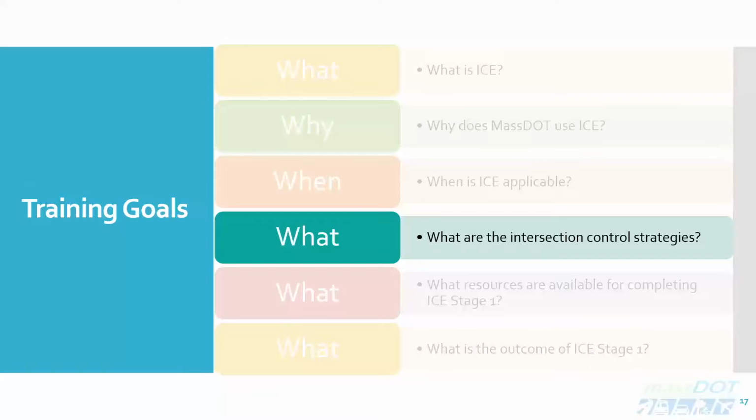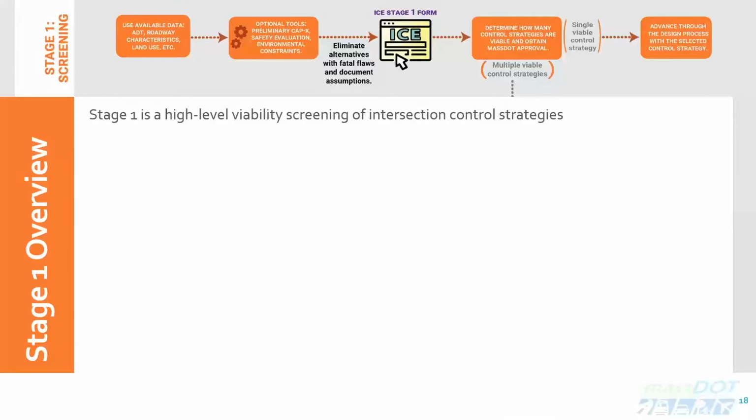The next training goal to cover is: what are the intersection control strategies? Stage 1 is a high-level viability screening of intersection control strategies.